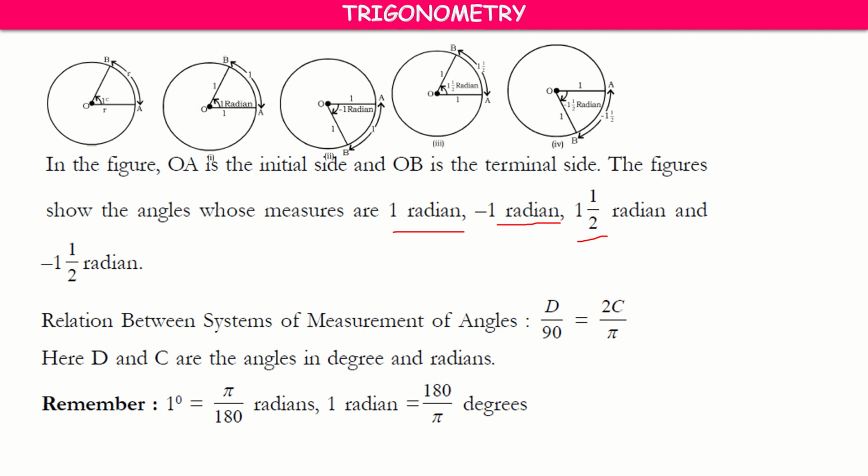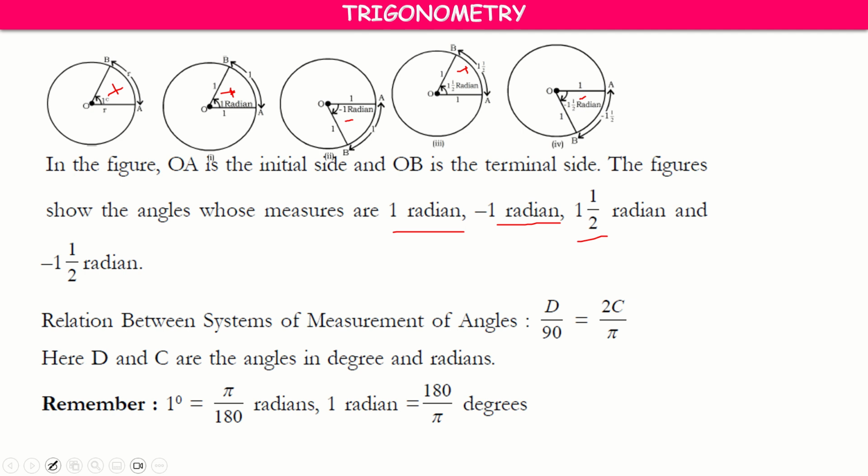Here the angle is moving anti-clockwise, so it is positive. Here the angle is moving clockwise, so it is negative. Here it is also moving anti-clockwise, so it is positive, and here it is moving clockwise, so it is negative. That is the reason positive and negative are given.